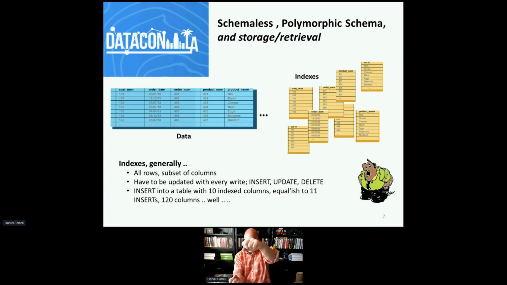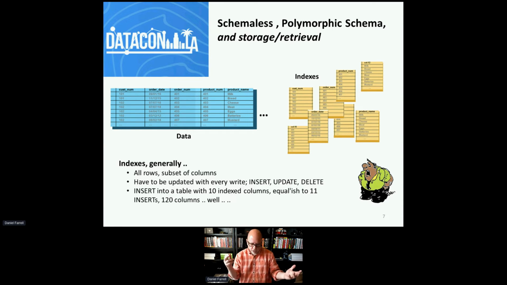And so the index can be a more performant way to retrieve rows. Generally the index structure, all rows, subset of columns, is pre-sorted, probably has a structure in front of it like a B tree or a hash, so that when you say, hey, let's find that Mary record, it knows how to quickly search through and find the Mary record quickly. But each of these indexes has to be automatically maintained by the database server.